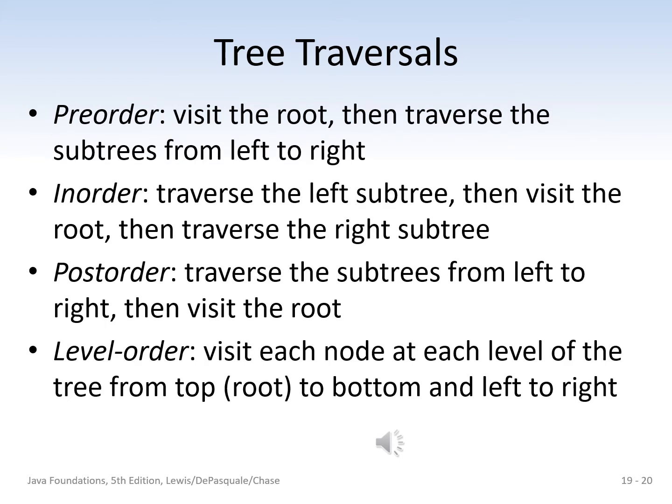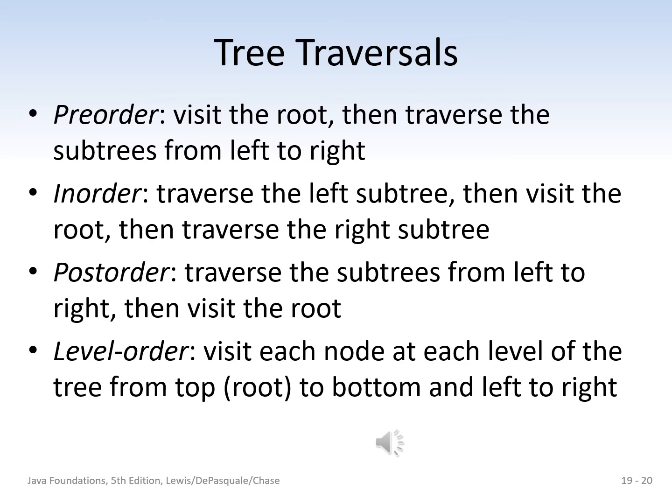Here's our first look at the 4 methods of traversing a tree. First one is preorder. Start at the root, then you traverse the subtrees from left to right. In order traverses the left subtree, then visits the root, then traverses the right subtree.